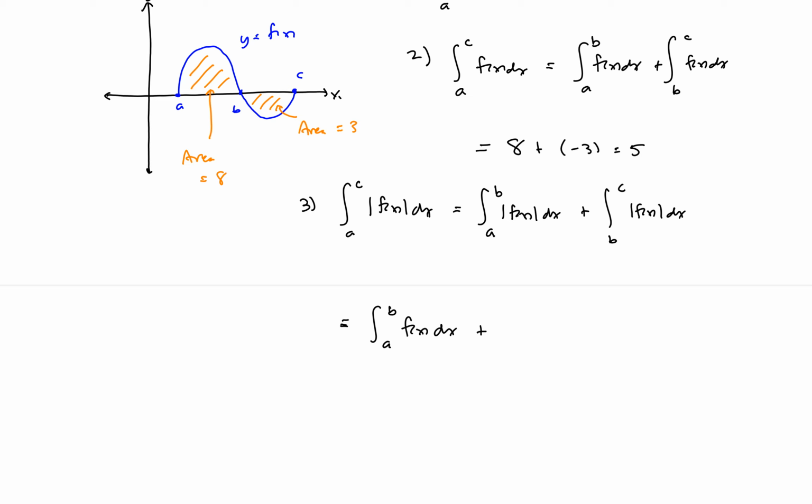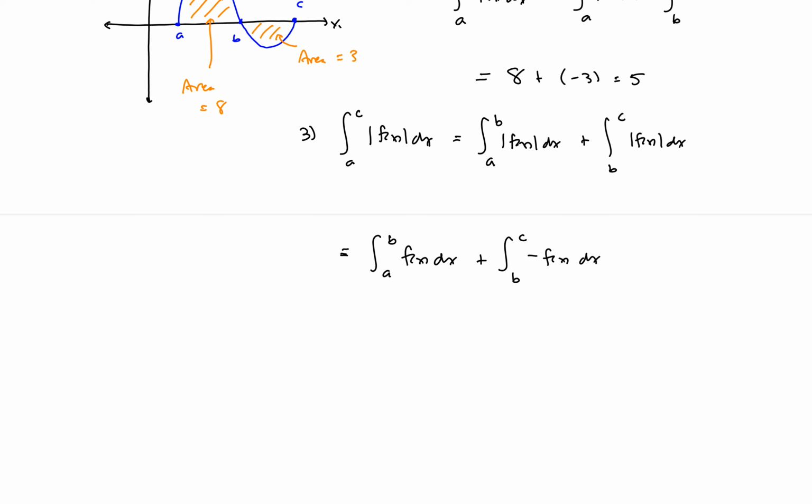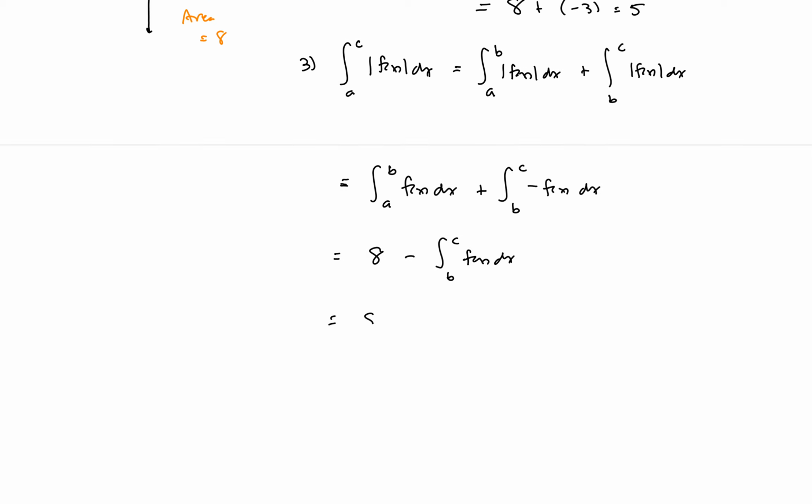And on the second interval from b to c, the function is negative. So that means the absolute value is negative f of x dx. So this one is 8, and then I have minus the integral from b to c of f of x dx. And we saw that was negative 3, so this becomes 8 minus 3, which is 11.